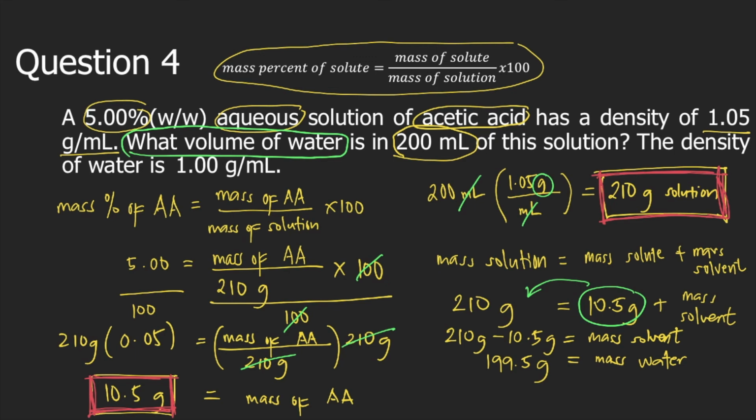So now that we have the mass of water, and we are given the density of water in the problem, 1 gram per ml. Therefore, we can solve for the volume of water. So we have 199.5 grams of water. The density is, for every 1 ml, it weighs 1.00 grams.